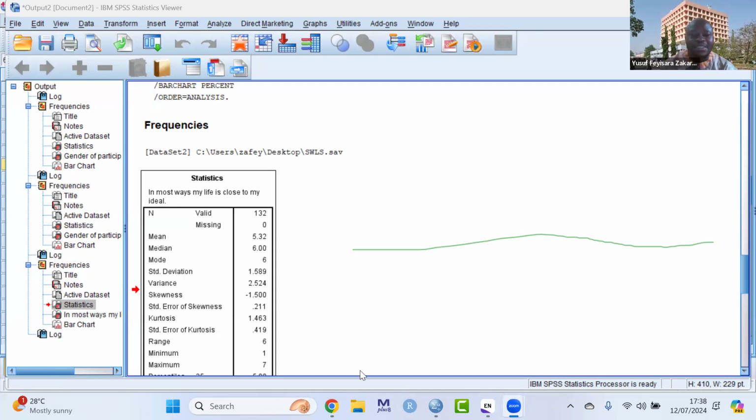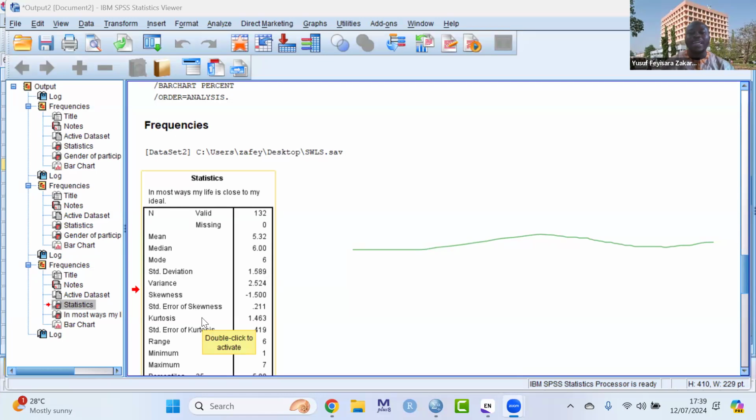Here the skewness is minus 1.5. If the skewness is more than 1, that means your data set contains excess skewness, that is, it is not normally distributed. The same thing applies to kurtosis, which is about pointiness.